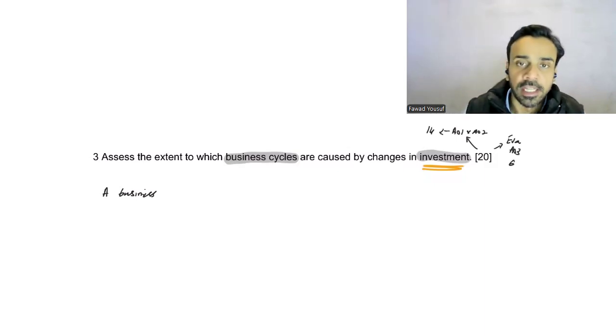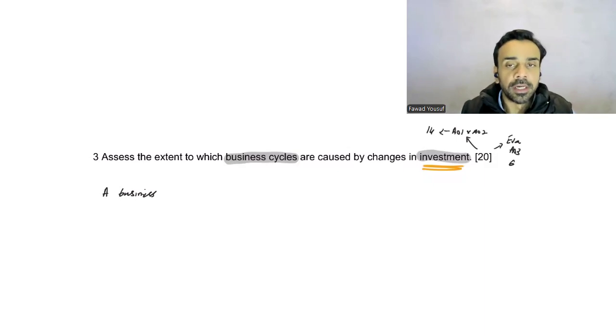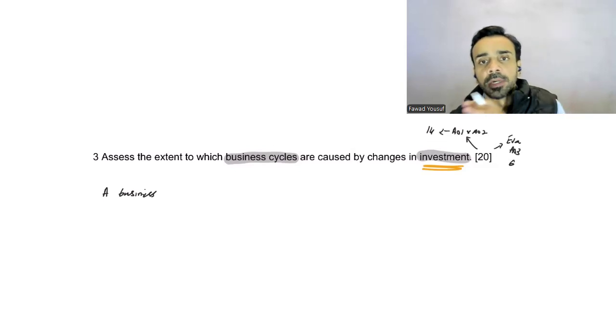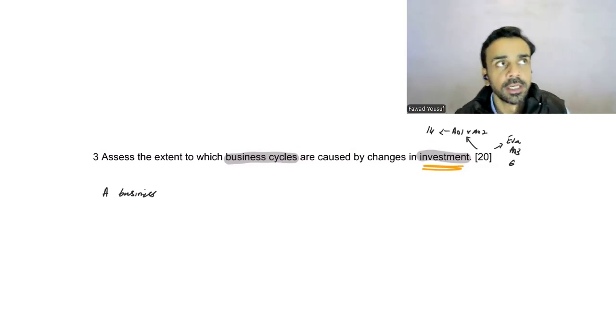Your answer is in levels. Your level one will include the basic definitions. Your level two and level three will be about how investment and investment theories can cause business cycles to fluctuate.